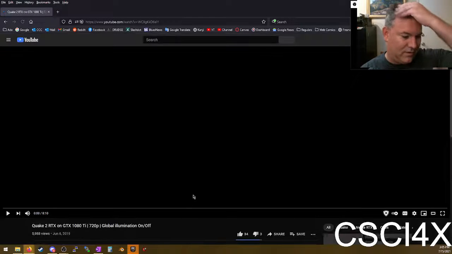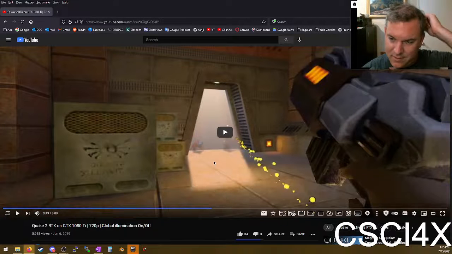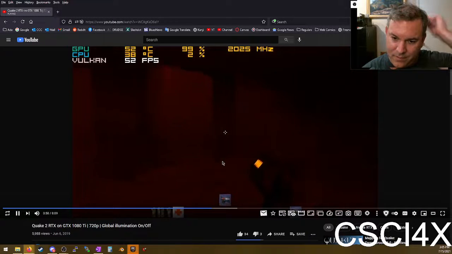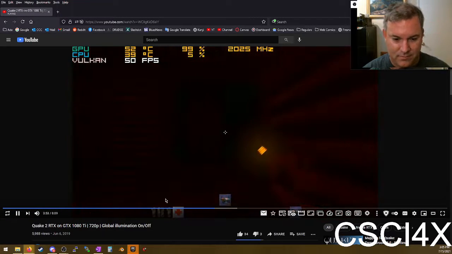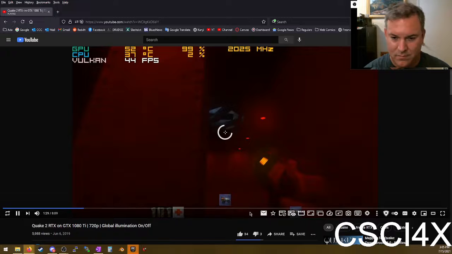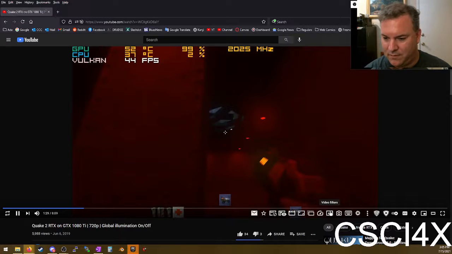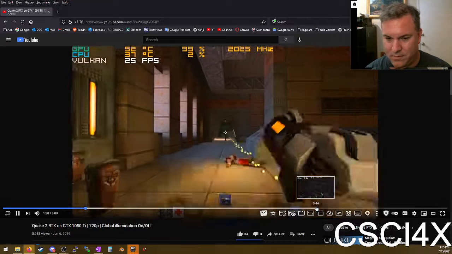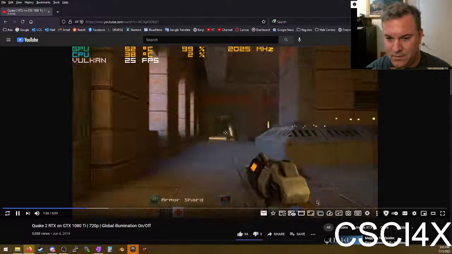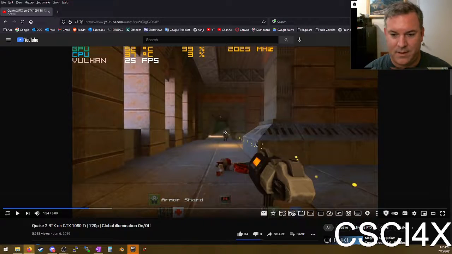Source engine, you got used to look at the same reflections and puddles. What was that? It's a video game. Yeah, the particle effects are still pretty bad.